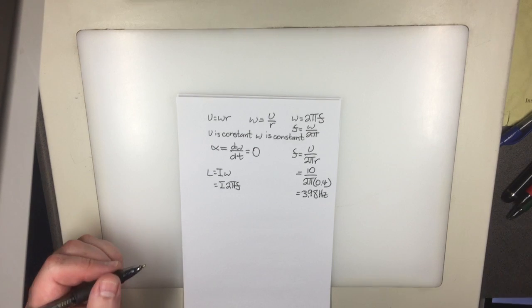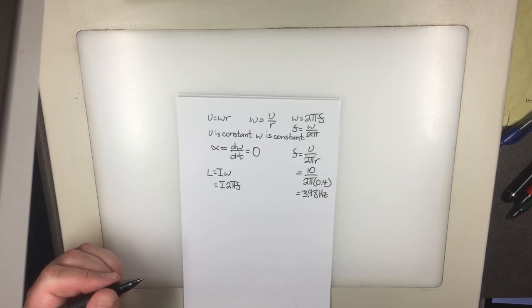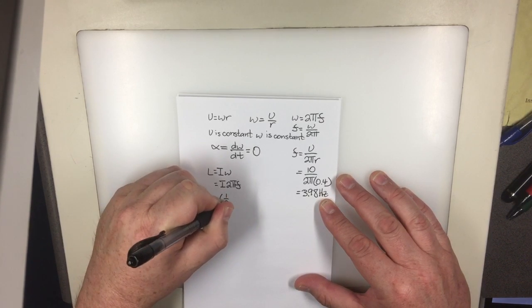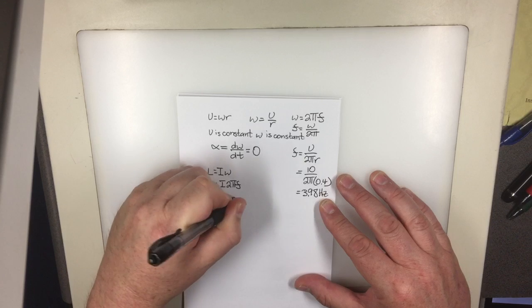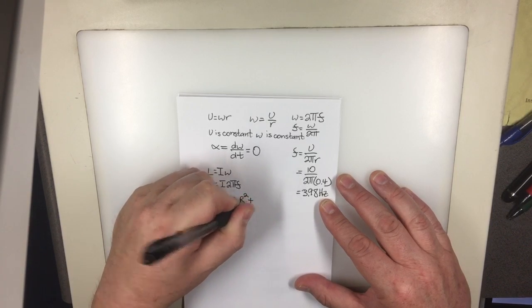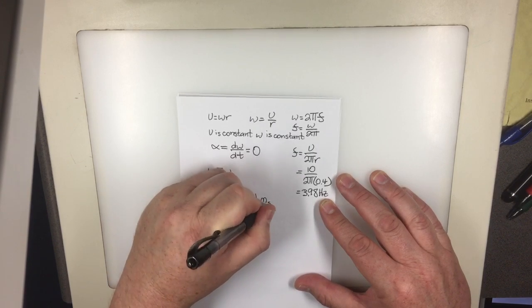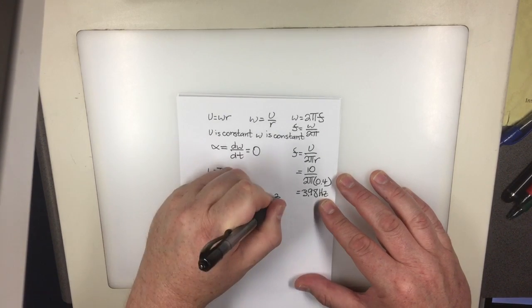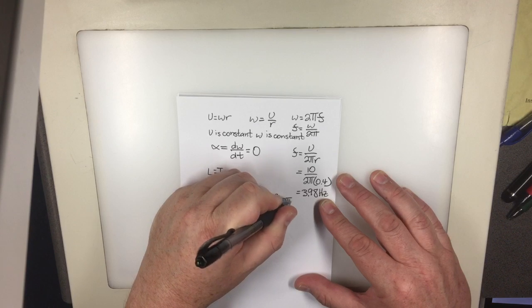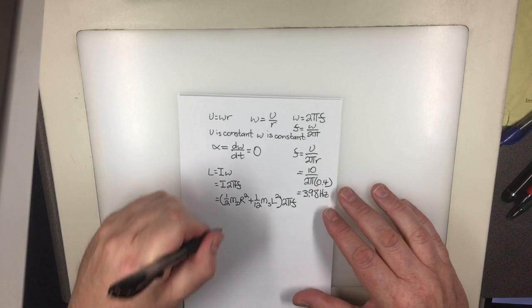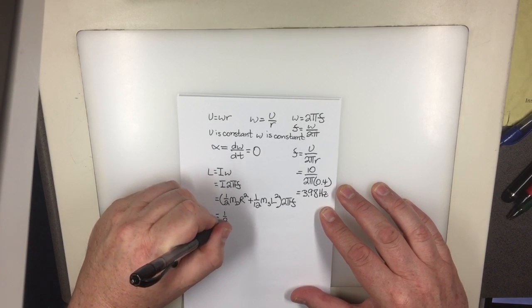Moment of inertia is the sum of the moments of inertia. Moment of inertia of a disk is 1/2 mass of the disk, R squared, plus 1/12 mass of the stick, L squared. And so we get this. Plugging it in, 1/2.